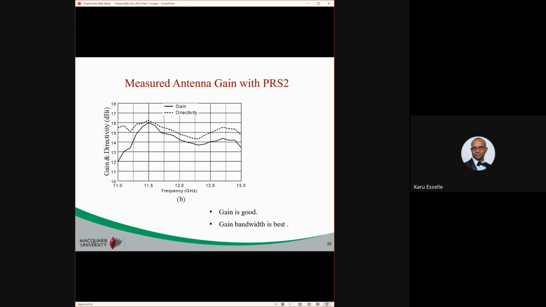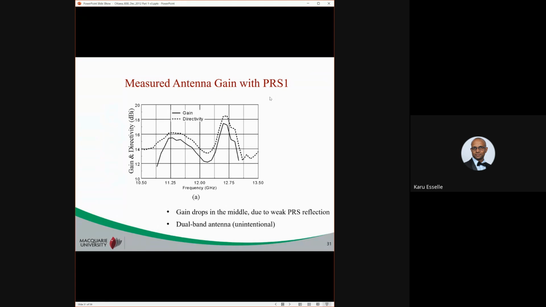Whereas the PRS2 has the long positive gradient. Because of that, that gives wide bandwidth. Gain bandwidth is the best in this case over a larger range of frequencies, but gain itself is a little less. Peak gain is only 16 dBi.